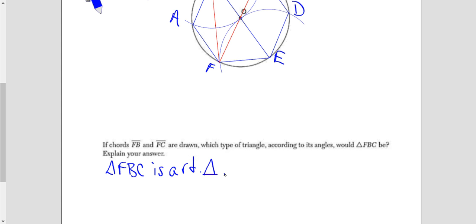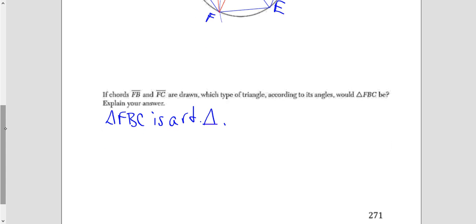And there are two parts to it. Look back on your notes page. What are the two parts? Why? First of all, it's inscribed, and one side is the diameter. So you need both of those in your explanation, right? Because that's what's required. So, FBC is a right triangle. Maybe put a comma, because it is inscribed.